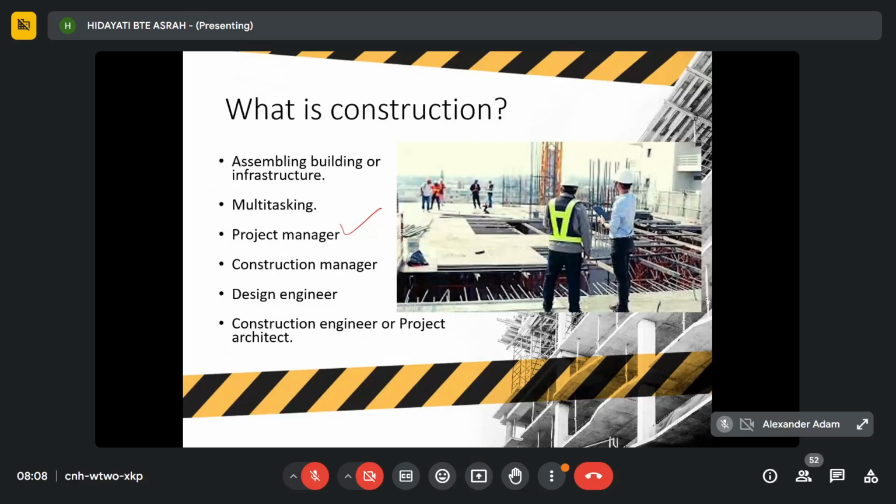Each of these members has their own special role. Also, the tasks involved in construction are actually multitasking.